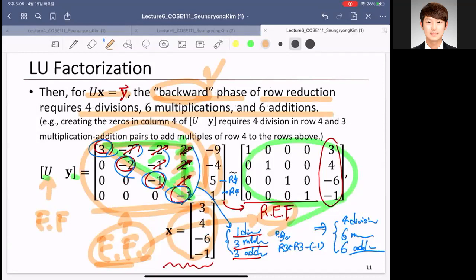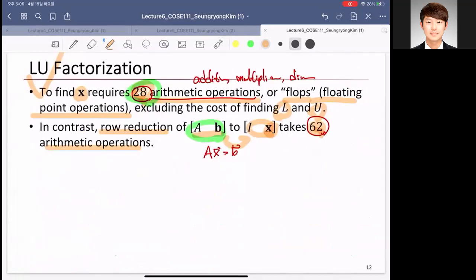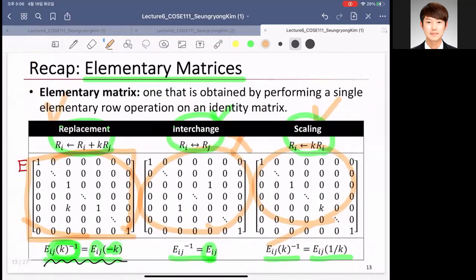So finally, to find the solution x, we require 28 arithmetic operations or flops, excluding the cost of finding L and U. In contrast, the row reduction of [A b] to [I x], just to solve Ax = b, takes 62 arithmetic operations, even though we need additional complexity to decompose your matrix A into L and U. So that's why we have to know LU factorization.